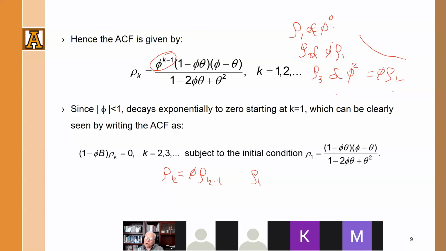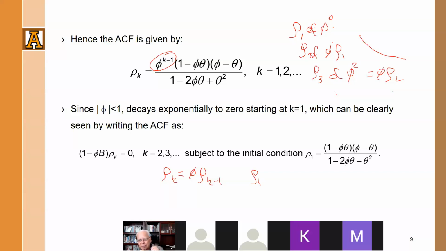If I look at the autocorrelation function of a process, and I observe, for example, here for the ARMA 1,1, starting at k equal to 2 (remember, the autoregressive order is 1 and the moving average order is 1), when k is equal to 2 and on, the autocorrelation function will have the same behavior as the autocorrelation function for the original series.